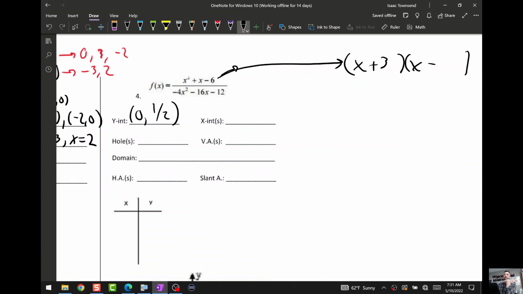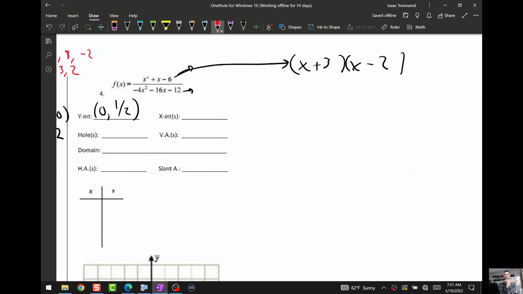x plus 3 and an x minus 2. To know where the denominator equals 0, it looks like I need to factor out a GCF first. Always do GCF first if it has one, and then factor it more if you can.